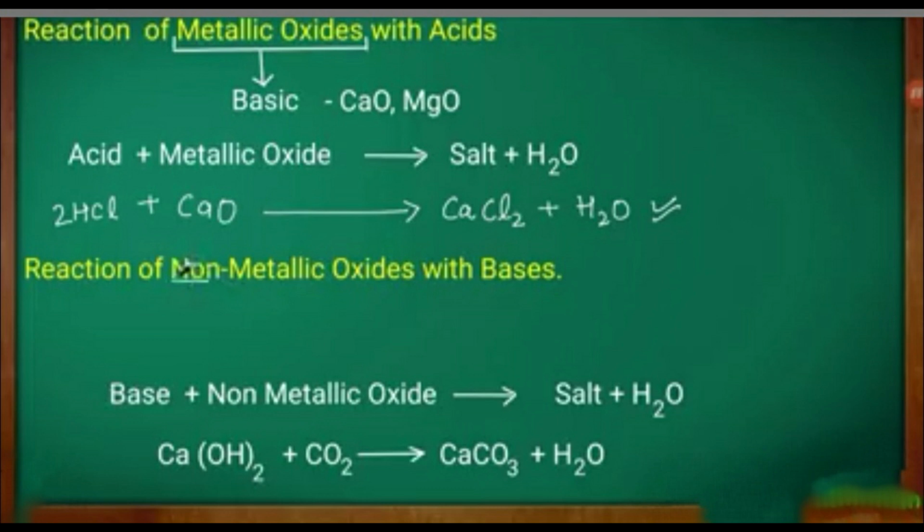Reaction of non-metallic oxides with bases: when calcium hydroxide, a base, reacts with the non-metallic oxide carbon dioxide, it forms calcium carbonate, CaCO3, and water. Note, children, metallic oxides are always basic in nature and non-metallic oxides are acidic in nature.